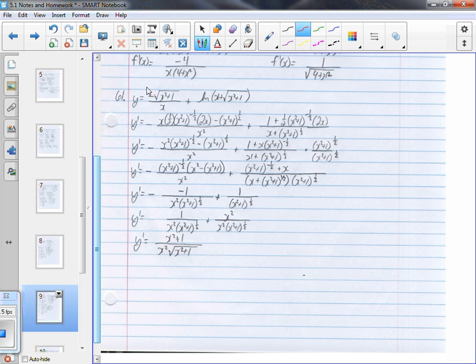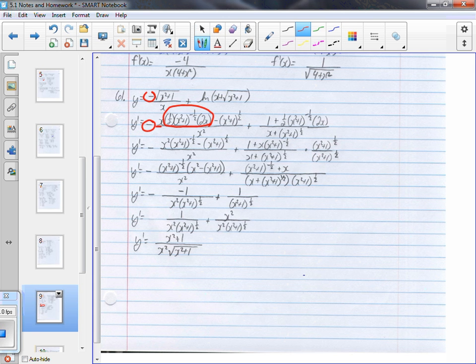Now, notice this. I did take that negative sign and think of that as a negative 1 times, using the constant multiple rule. Then I'm using the quotient rule. The bottom, x, times the derivative of the top. And look, all of this is the derivative of the top with the chain rule, right?